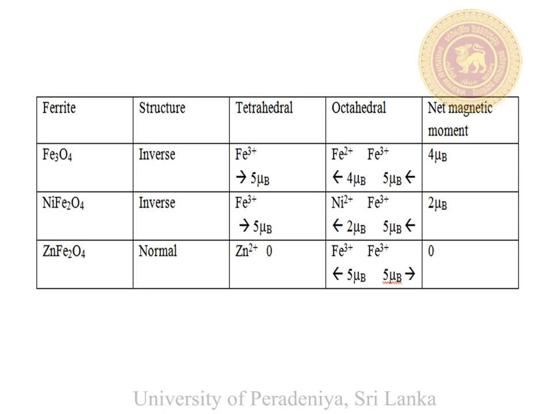The magnetic moments of Fe3+ ions are in opposite directions, so they cancel each other, so the net magnetic moment of zinc ferrite is 0.